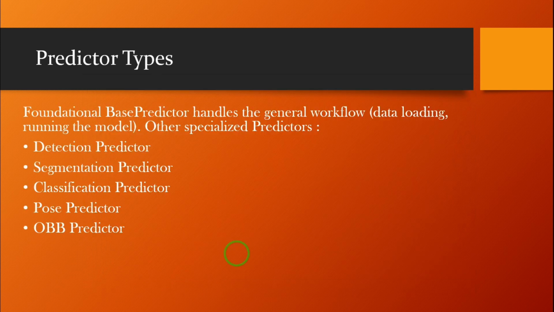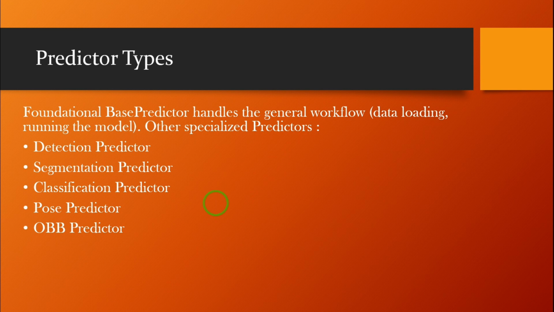So now let's talk about the types of predictors. There is a foundational base predictor that handles the general workflow like data loading and running the model. There are other specialized predictors for different tasks, like a detection predictor for the models that find objects and draw the bounding boxes.